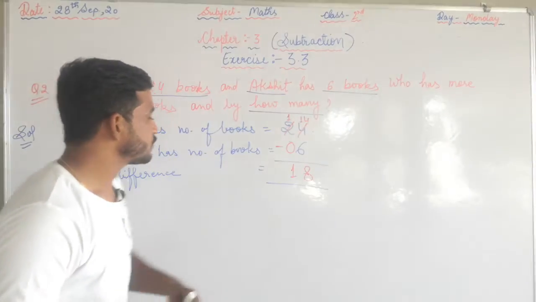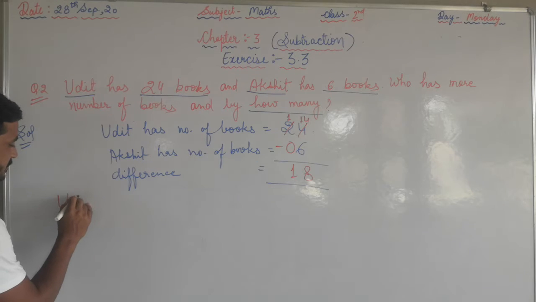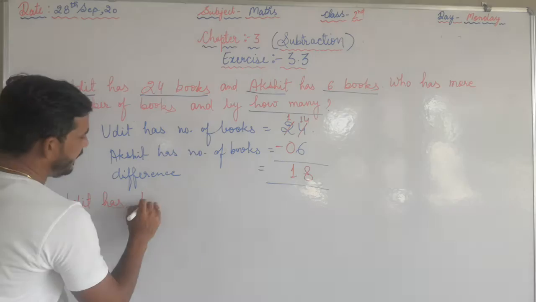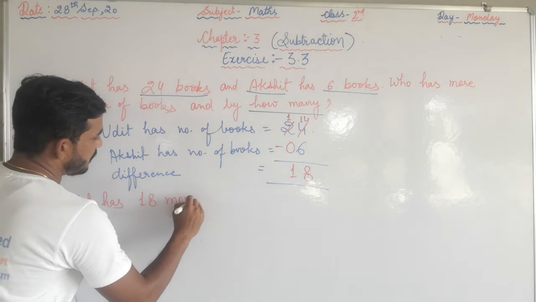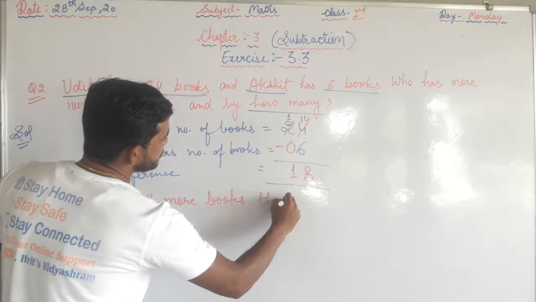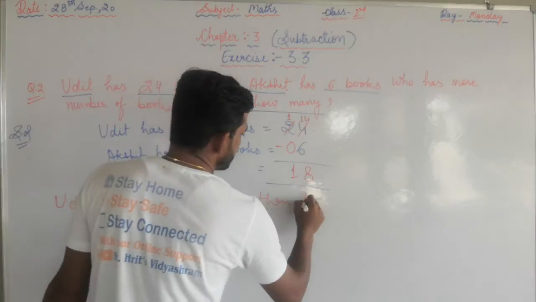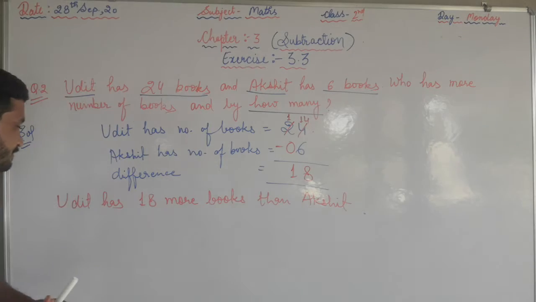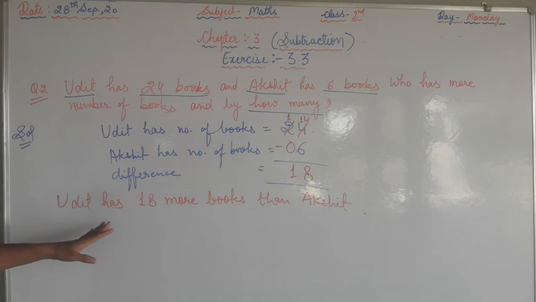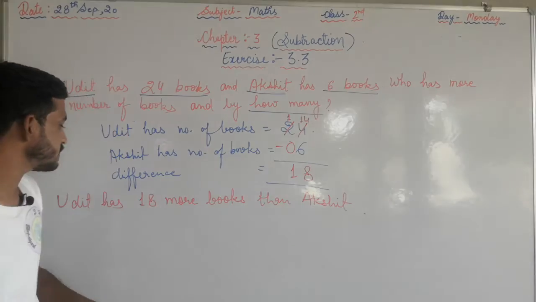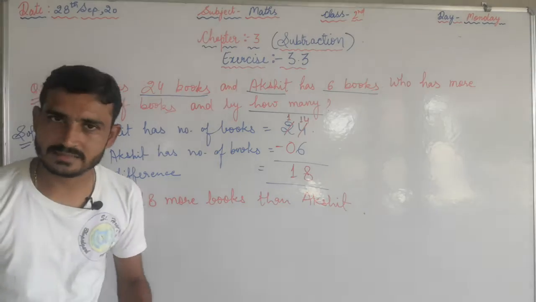So Udit has 18 more books than Akshit. This is the conclusion. Who has more books? Udit. By how many? 18 more books than Akshit.